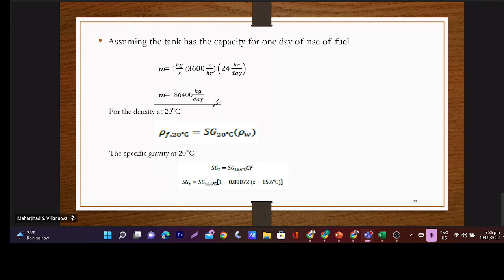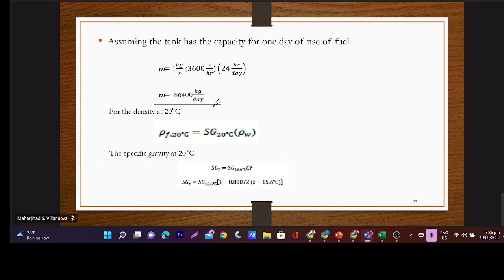For the density naman, which is at 20 degrees Celsius, ang formula ng specific gravity kanina, di ba, ay density ng fuel over the density ng water. So makukuha natin yung formula na to, which is yung density ng fuel at 20 degrees Celsius ay magiging equal sa specific gravity at 20 degrees Celsius multiply sa density ng water.